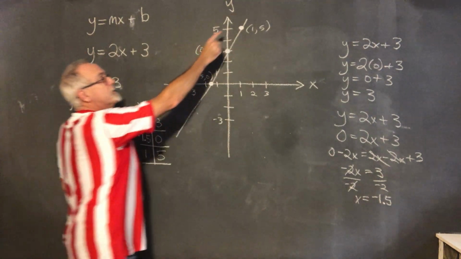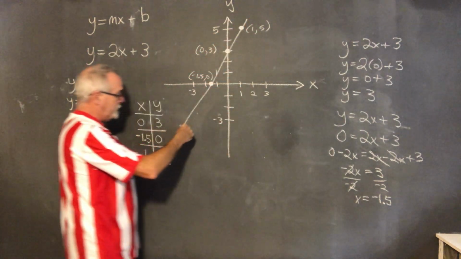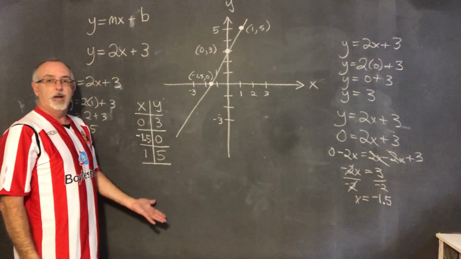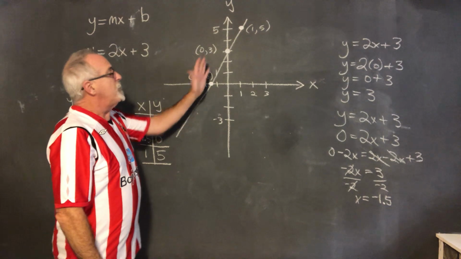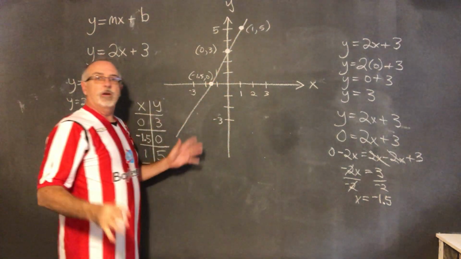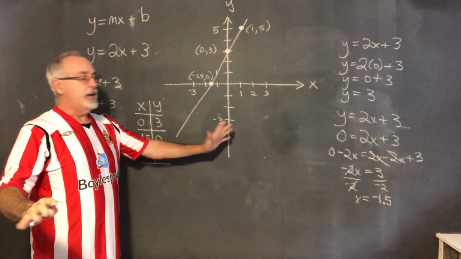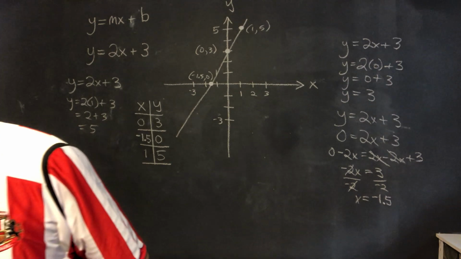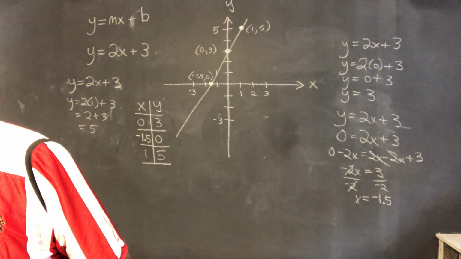We could find points very far along that direction or very far along this direction if we chose the right numbers to plug into our equation in the table of values. But we chose these 3, and it was enough to fit the line on this graph. We have successfully graphed a line. That's very good. I don't have notes this time. Instead, I'm using my laptop to look at my notes.